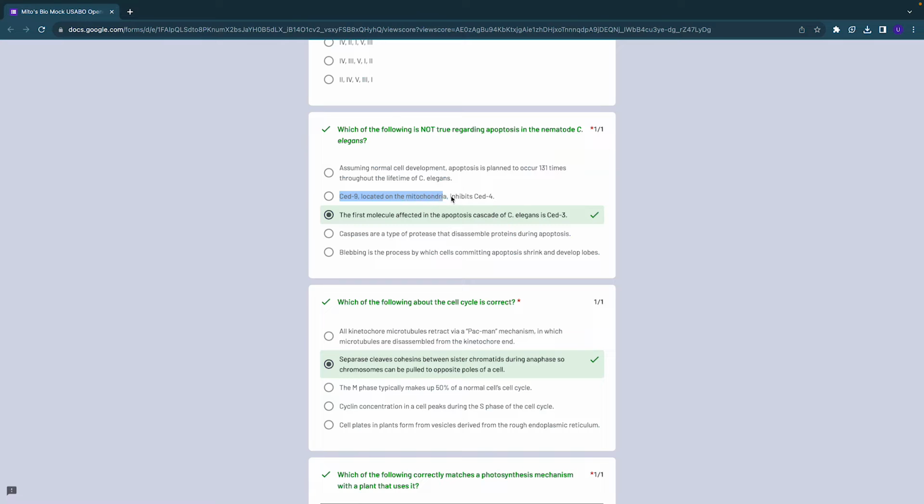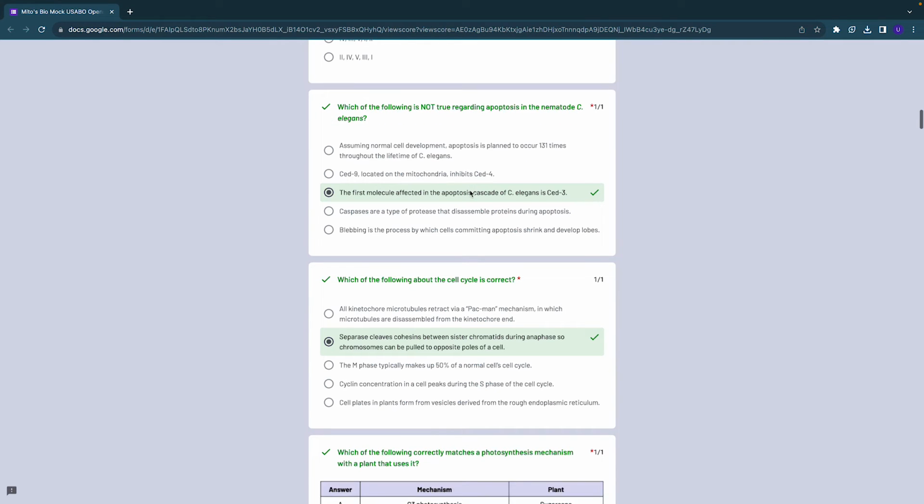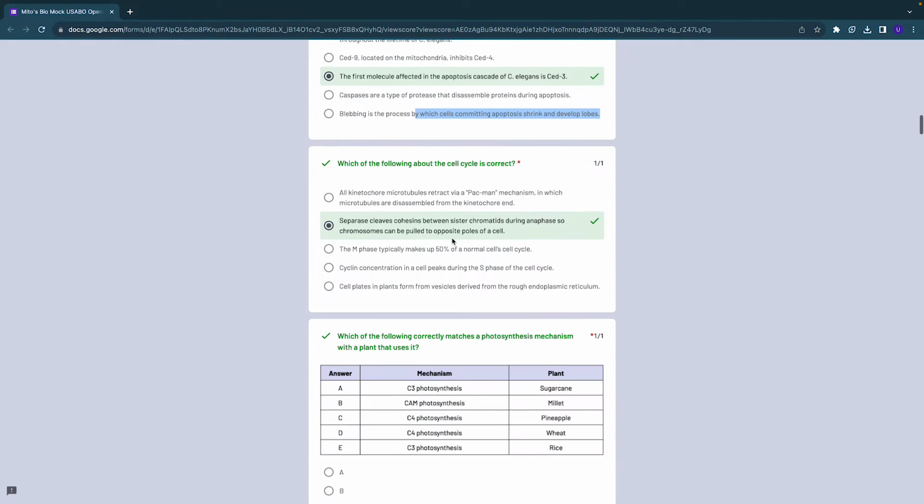And then CED9 does inhibit CED4. So yep. And the first molecule affected is actually going to be CED4. Caspases, that's true. And then this is true as well.